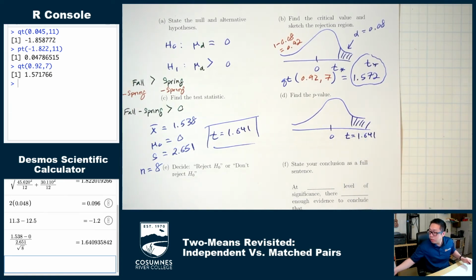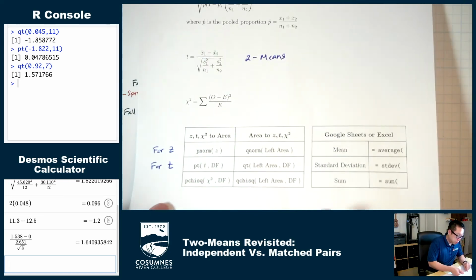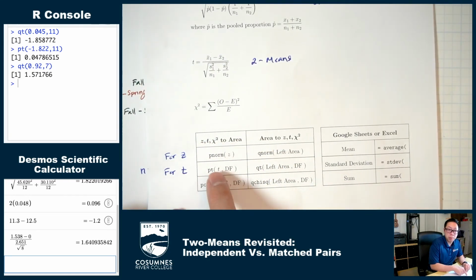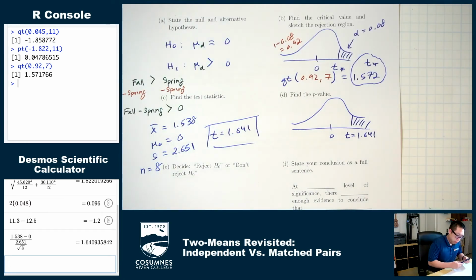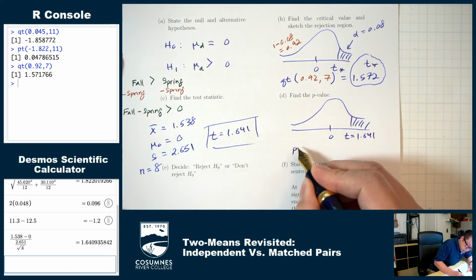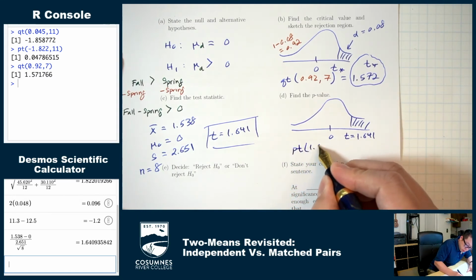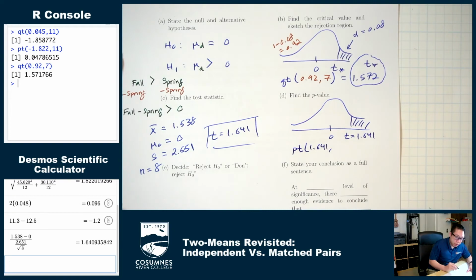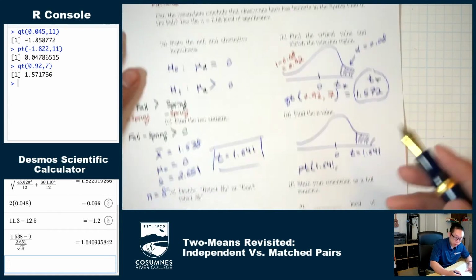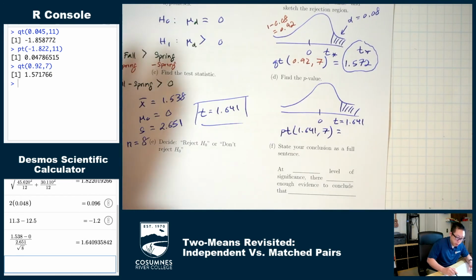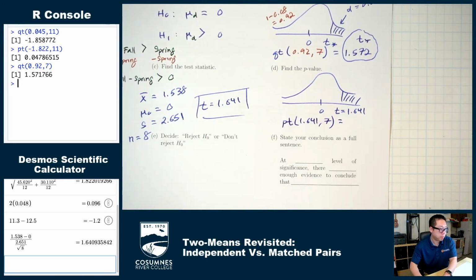For a t situation, it's pt(t, df). So pt, t is 1.641. df is 1 less than the sample size. Sample size was 8. 1 less would be 7. All right, pt(1.641, 7) gives 0.928.